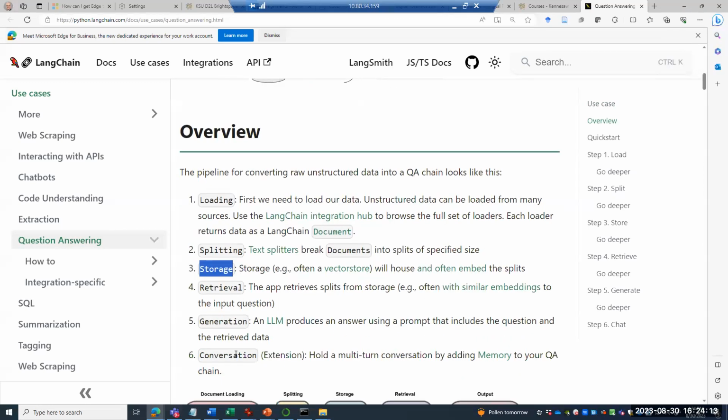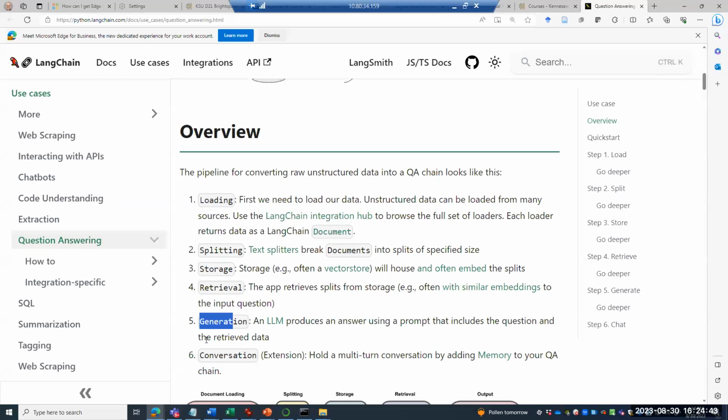Retrieval, yes, you need to do some type of retrieval at some level, but it's not very critical, though you can think of it. You need to generate an answer at the end. You may have a conversation at the end, but the conversation is not required. Among these, loading, splitting, storage, and generation, steps 1, 2, 3, and 5 are critical.